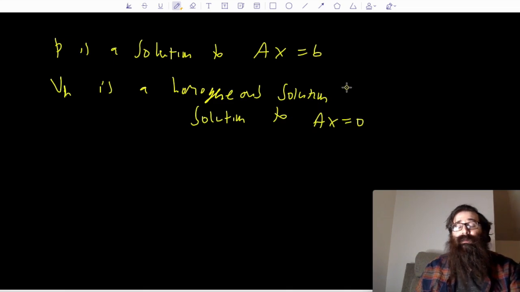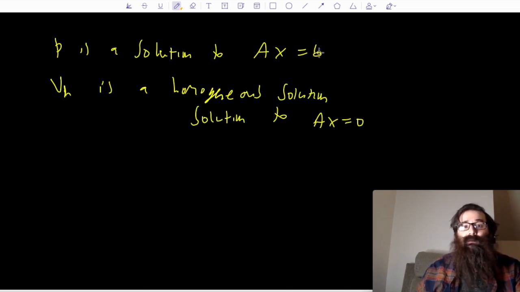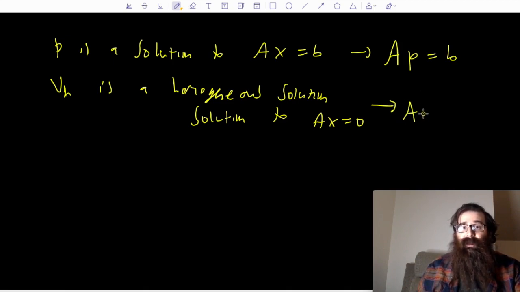And if I want to be extra clear about what this means, for P to be a solution to Ax equals b, this means if I plug P in, A times P is equal to b. And for v sub h to be a solution to Ax equals 0, that means A times v sub h is equal to 0. That would be the 0 vector there.